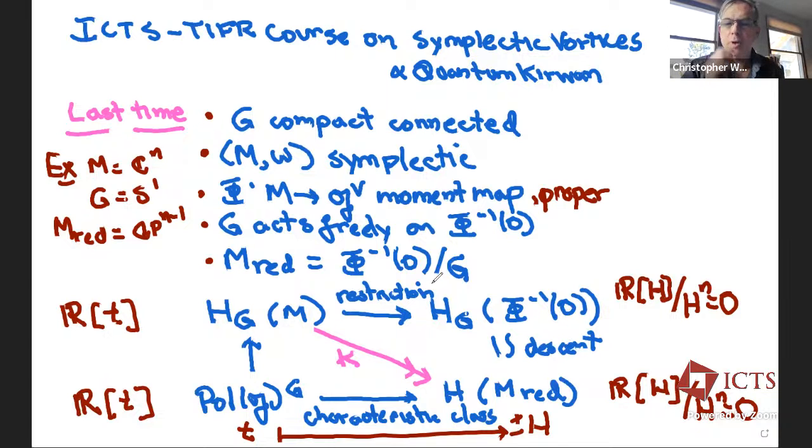Okay, so the kernel of the Kirwan map, in particular, is the ideal generated by T to the n.